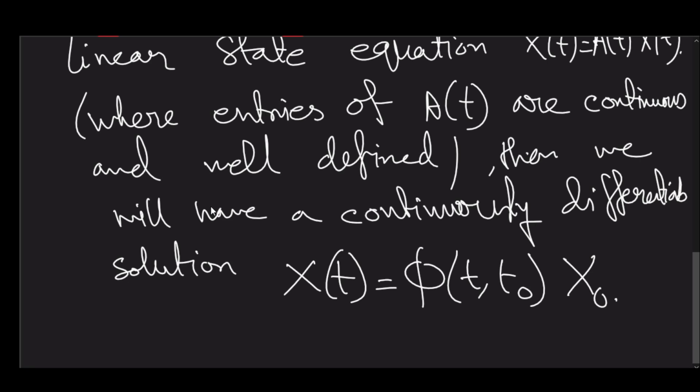and the state transition matrix is the one given by the Peano-Baker series like this.